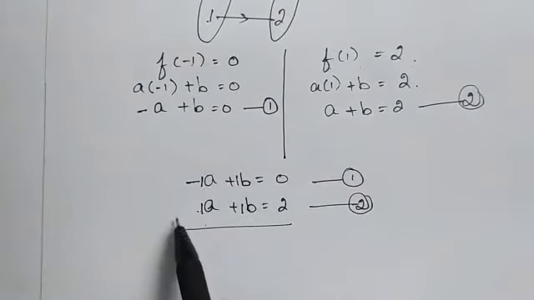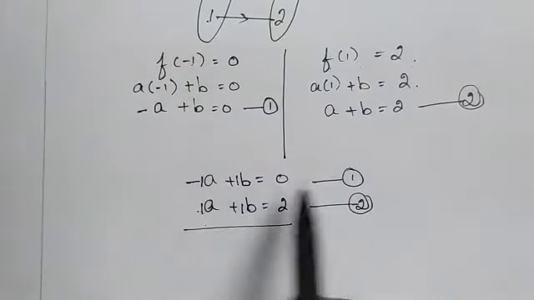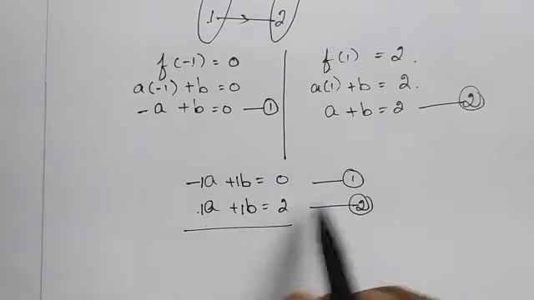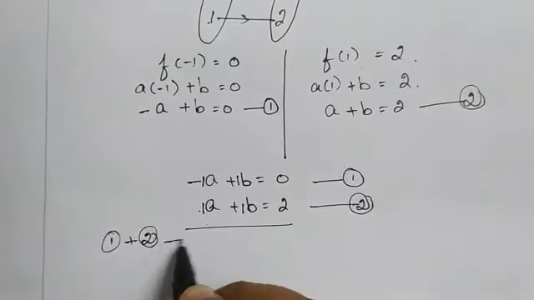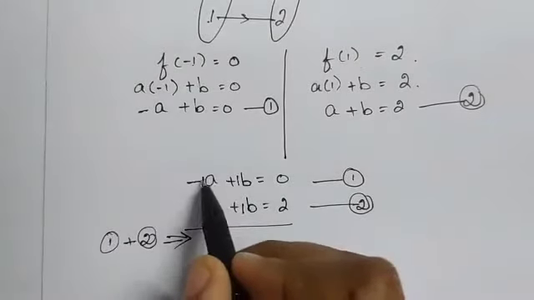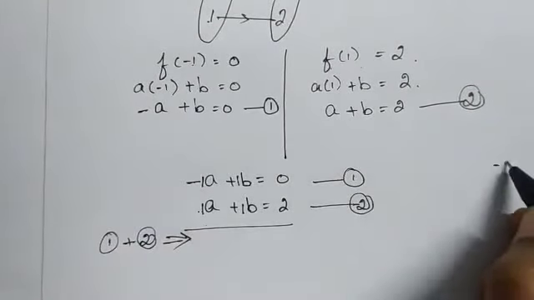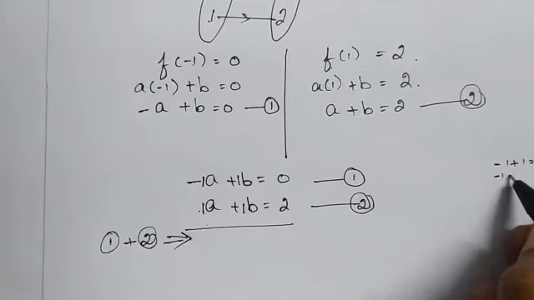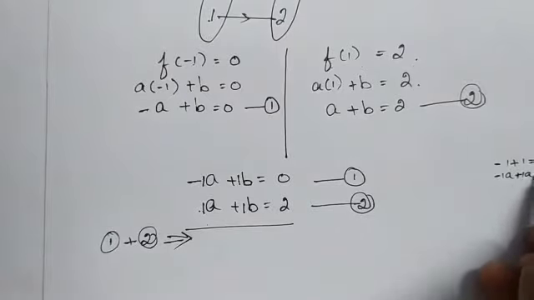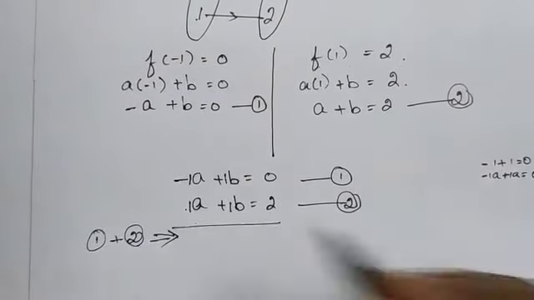Okay, first eliminate the a. Using equations 1 and 2, if you add 1 and 2, you will get minus 1a plus 1a. Minus 1 plus 1 is equal to 0. Therefore, minus 1a plus 1a is equal to 0.